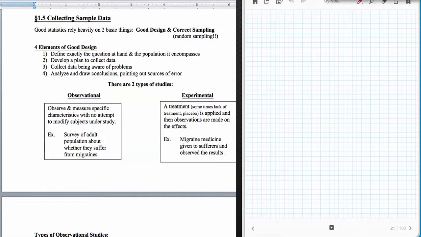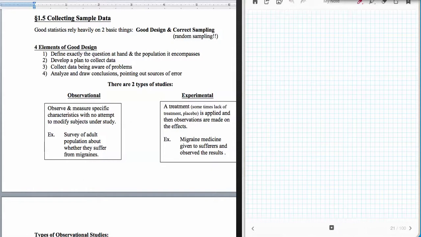And with the experimental design, the plan for collection, we're going to talk about some of the elements there in even more detail. And then after we collect the data, being aware of some of the pitfalls that could have occurred and could have led to incorrect interpretations, incorrect results. That is important to know as well.